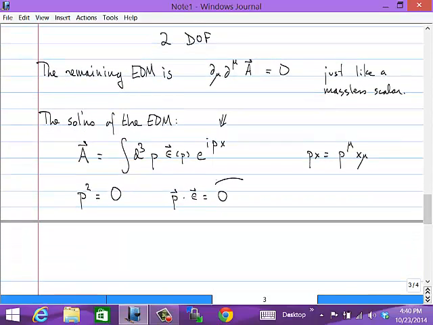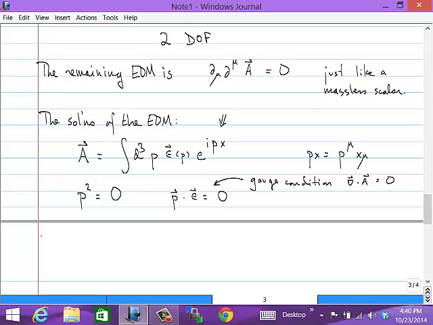This being the gauge condition in Coulomb gauge, that del dot A is equal to 0. And so what this means is that you're left with 2 degrees of freedom. That is to say, 2 polarizations for this vector epsilon.